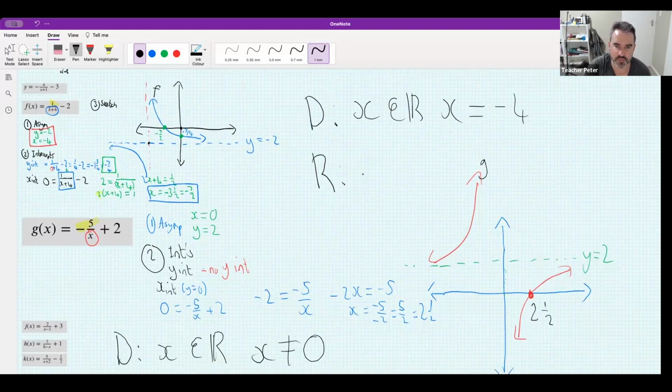And for the range of this one, it could be any real number, but y could not be minus 2. So that would be the domain and range for the one above.